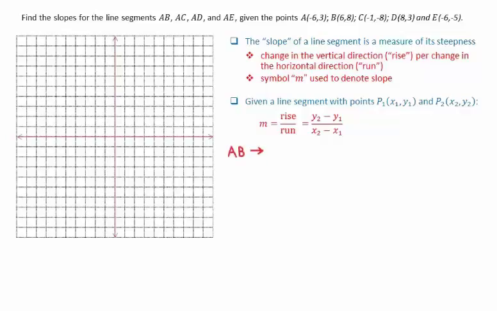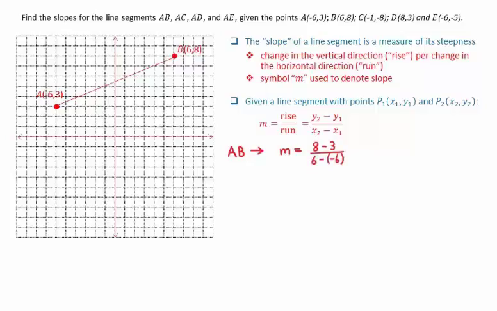First of all, for line segment AB, we first have to plot the points. A at (-6, 3), and B at (6, 8). M is equal to the change in the y coordinates, y2 minus y1, this is 8 minus 3, divided by the change in the x coordinates, x2 minus x1.